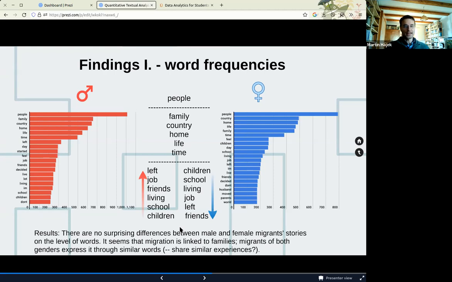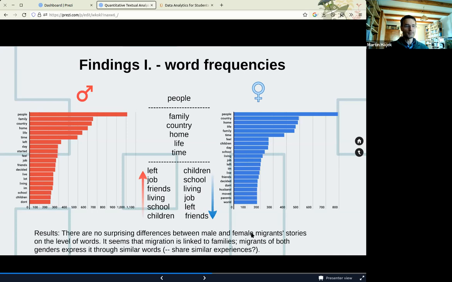But what is, I think, enriching about this new information, or what is worth noticing, is that migration is not linked to individuals, but it's linked to families. Family is a very important and very frequent word for both male and female migrants.